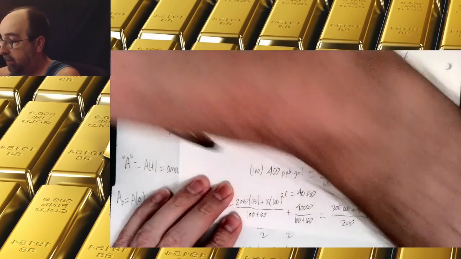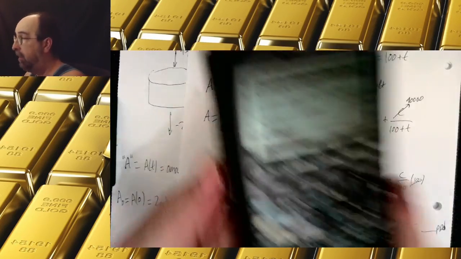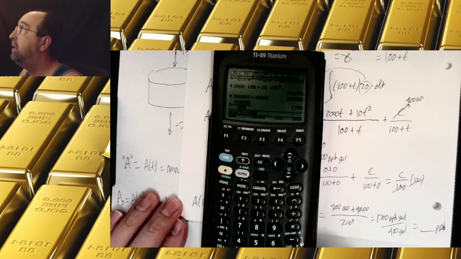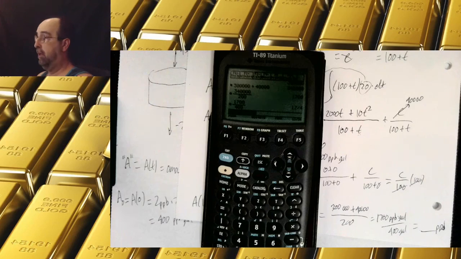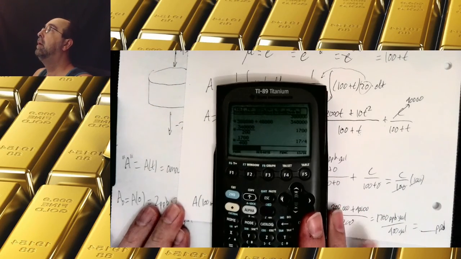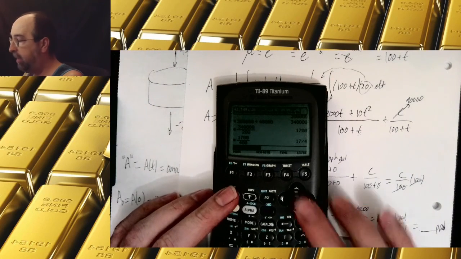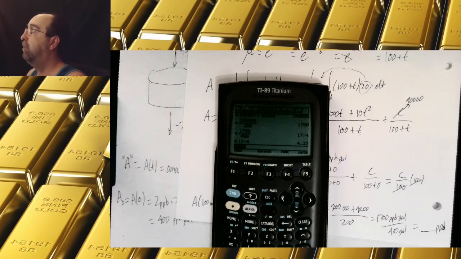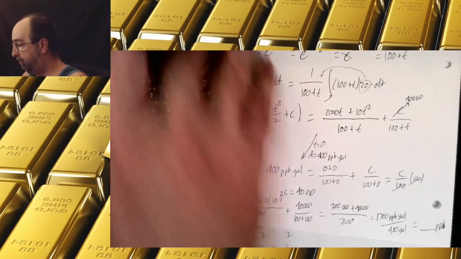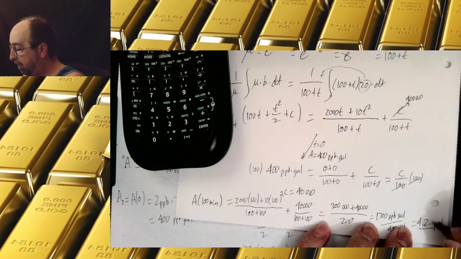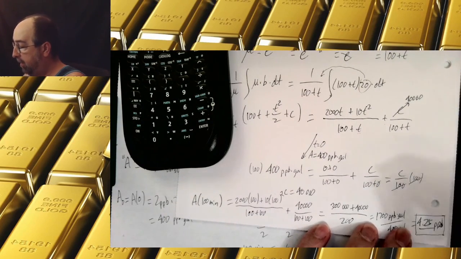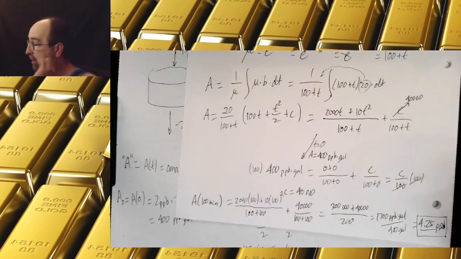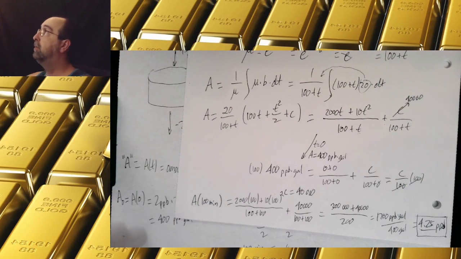So let's see what that is. 1,700 divided by 400 is 4.25 parts per billion. So that's how much dioxin concentration will be in the tank when the tank is full.